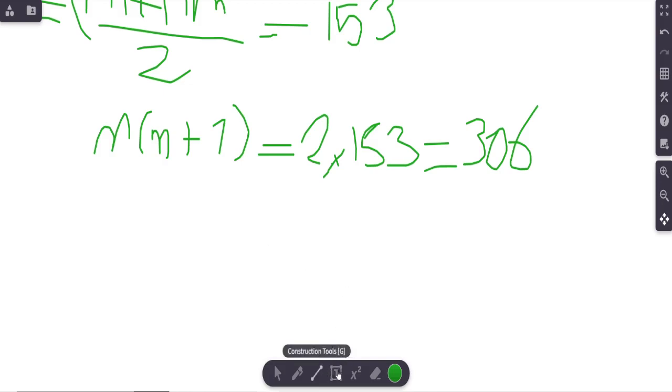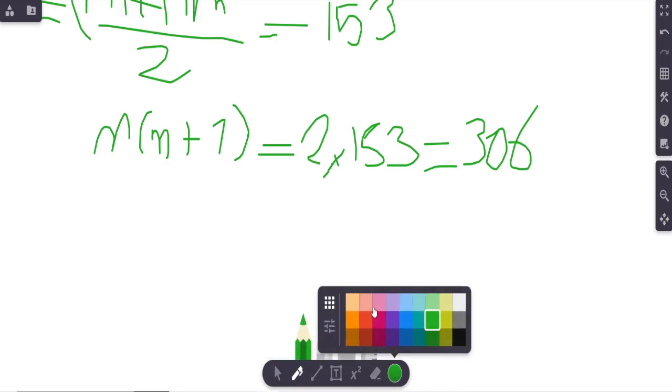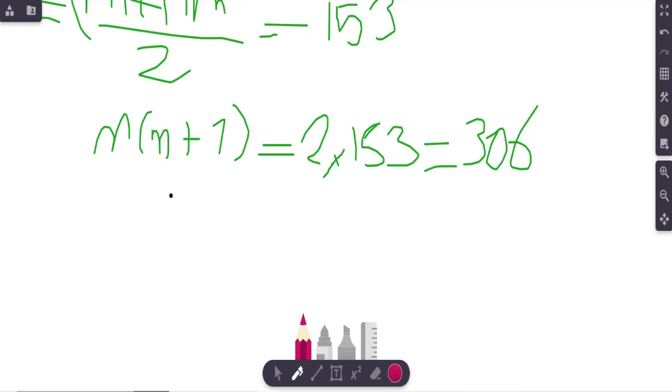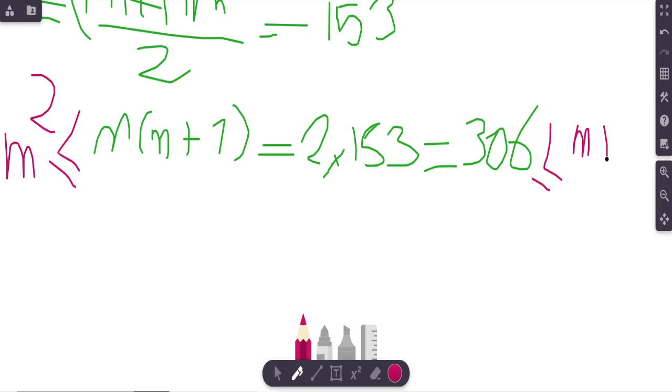Okay, so we can say that n plus 1 is superior to n squared, obviously, okay, because n plus 1 is superior to n. And we can say that n plus 1 is inferior to n plus 1 squared.